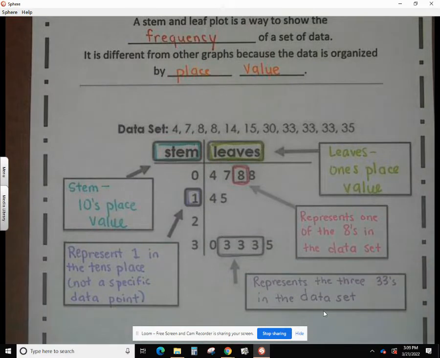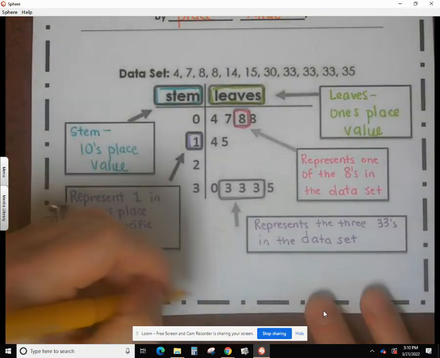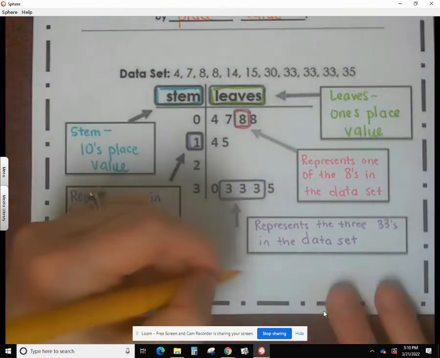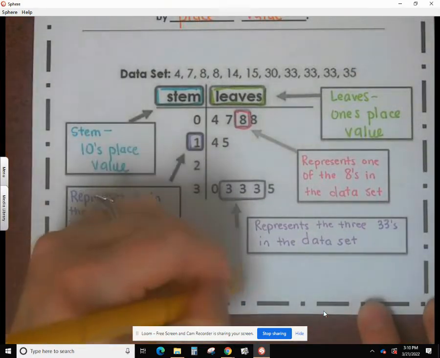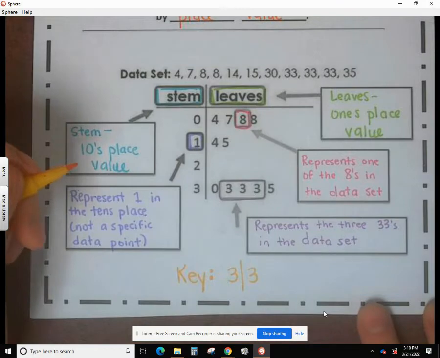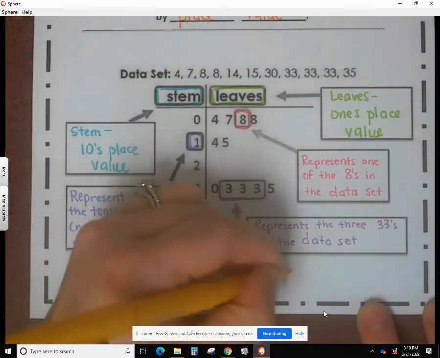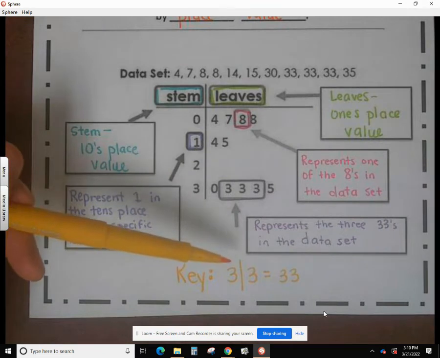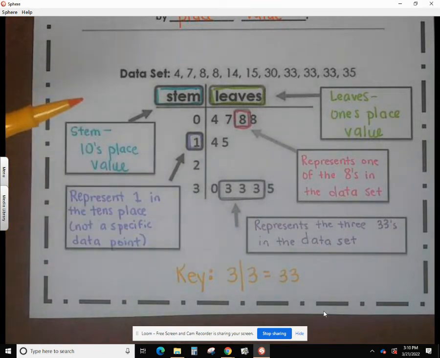And the nice thing about stem and leaf plots is that if you forget how they work, they almost always have a key down at the bottom. So the key would look like this. It would say something like 3 and then a line and another 3 equals 33. And that's just showing you that if you have a 3 on one side of the line and a 3 on the other side of the line, it represents 33. 3 in the tens, 3 in the ones. So stem and leaf plots are pretty easy.